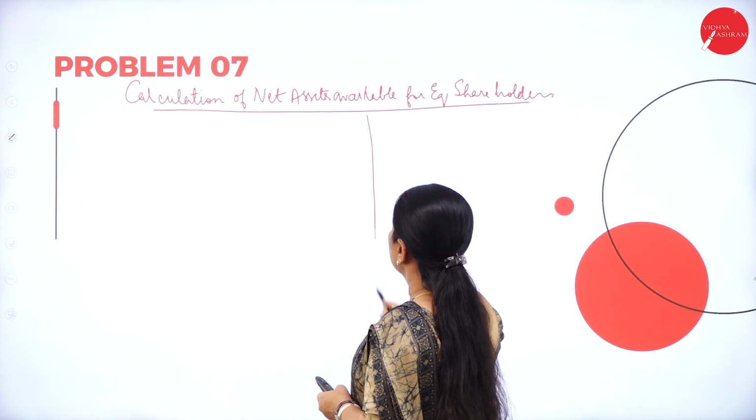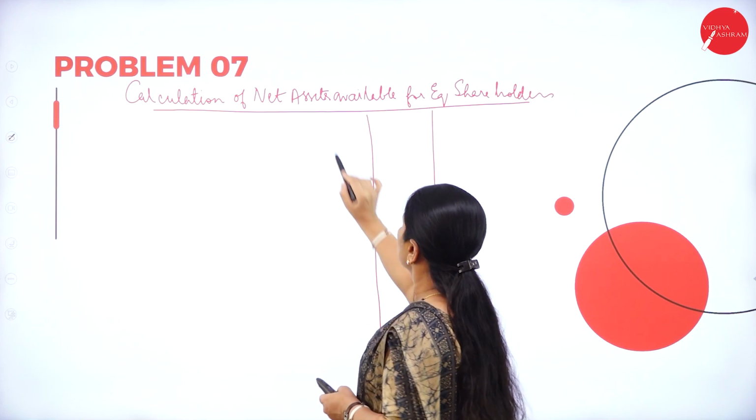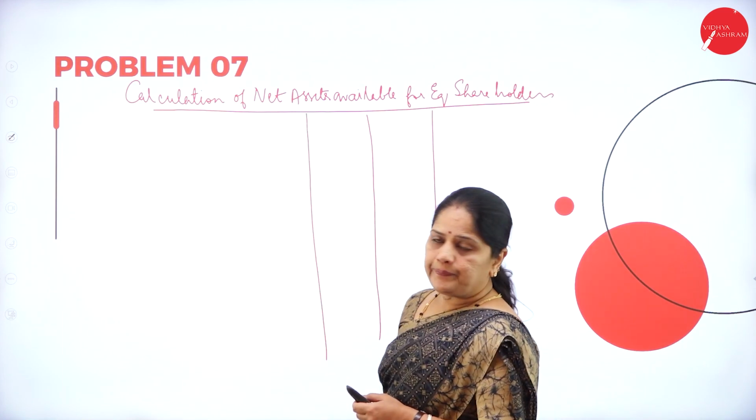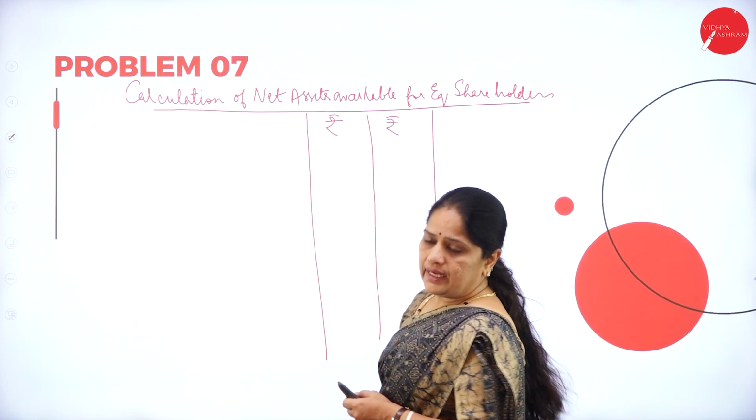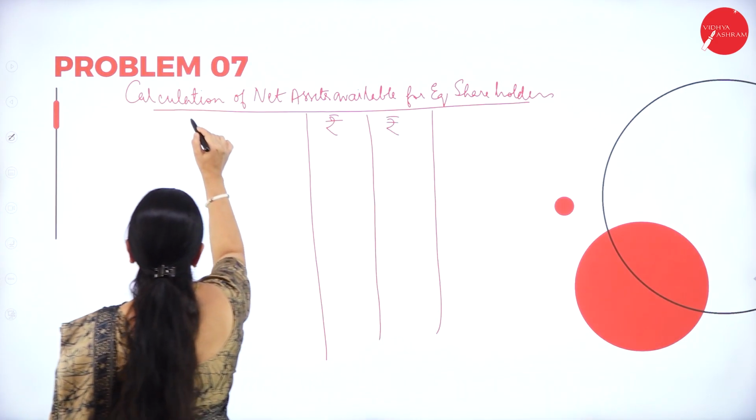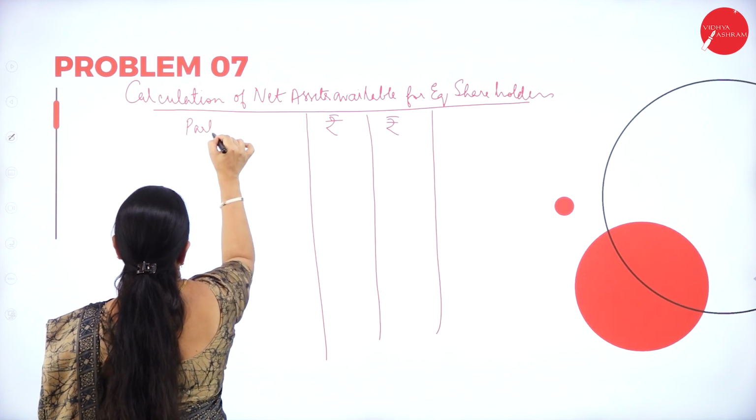So, we have three columns here. These two are the amount columns and this one is the particulars column.